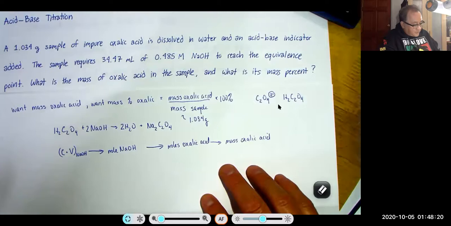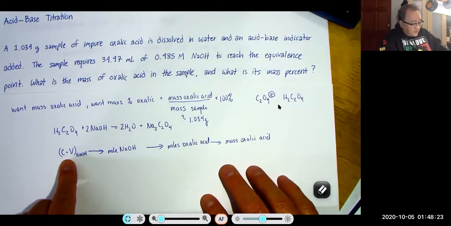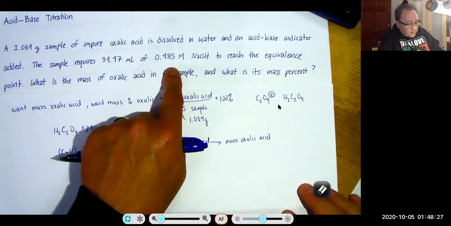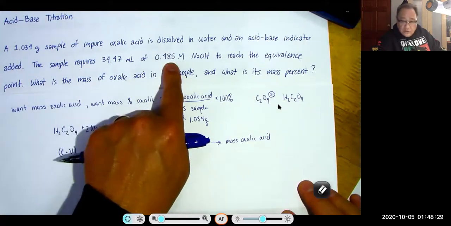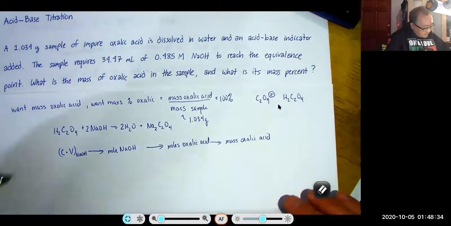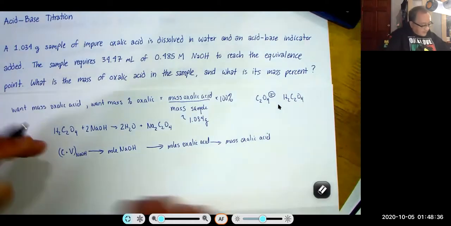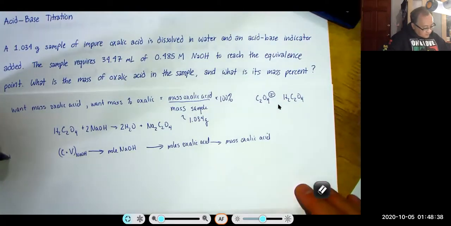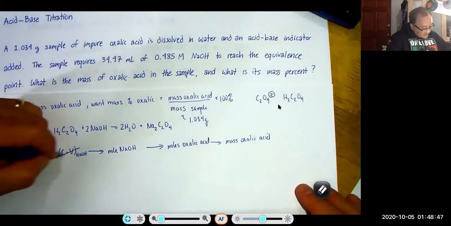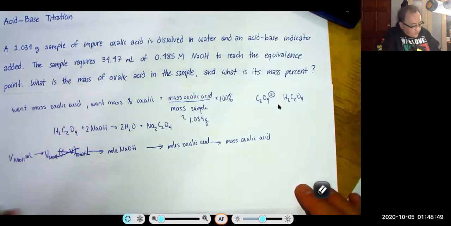Okay, so here, if I'm going to use the concentration and the volume, here's the volume, here's the concentration, what do I want to start with? Do I want to start with the concentration, which is a ratio, or the volume, which is not a ratio? I'm going to start with the volume. So I'm going to map this out here as the volume of sodium hydroxide, and that's in milliliters. We're going to turn that into a volume of sodium hydroxide in liters, and then we'll turn that into moles of sodium hydroxide.